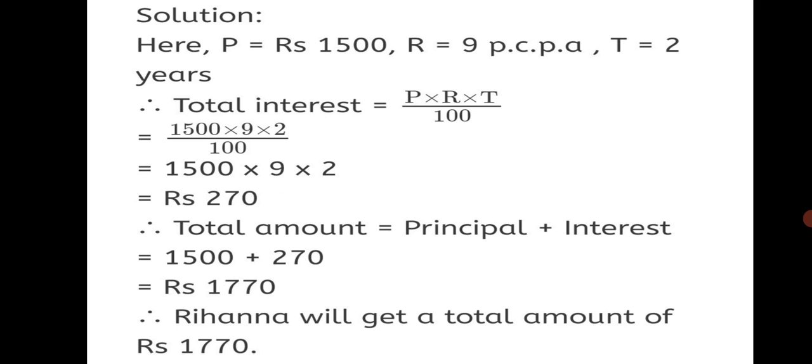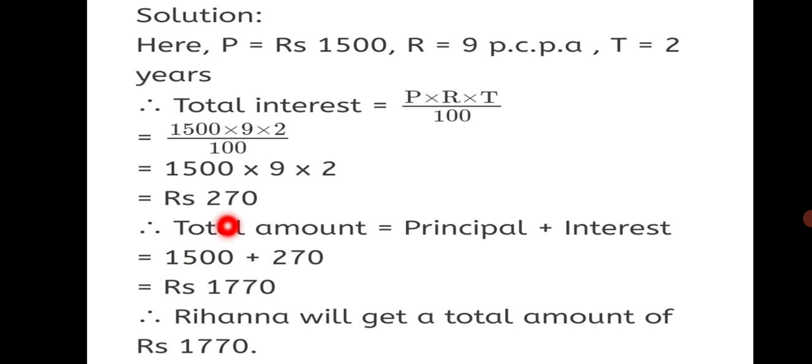So, when you multiply all this together, you get rupees 270. When we reduce these two zeros in the numerator and denominator, we have just 15 into 9 into 2. You don't have to write these two zeros. It's directly 15 into 9 into 2 is equal to rupees 270.